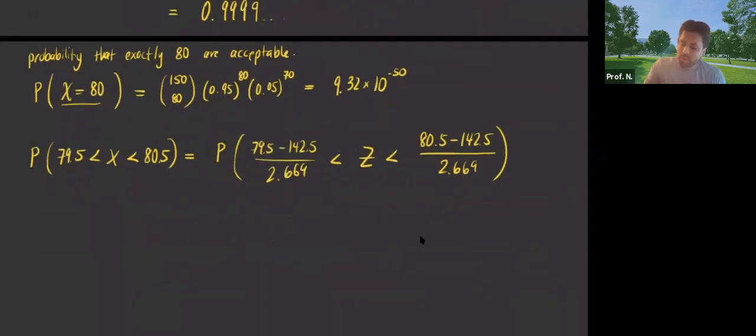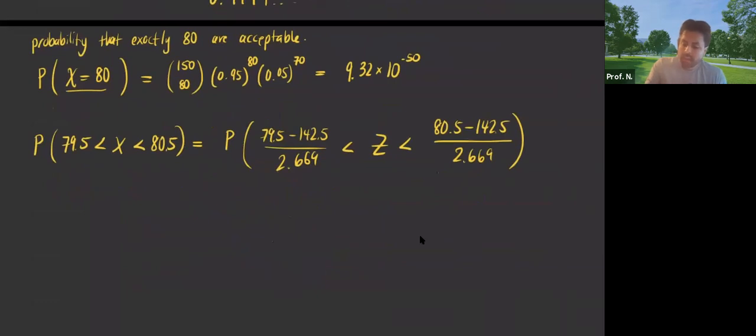So I hope you guys understand why we add and subtract this 0.5. If we were to approximate it using continuous random variables such as the normal distribution, I cannot find the probability of one single number.